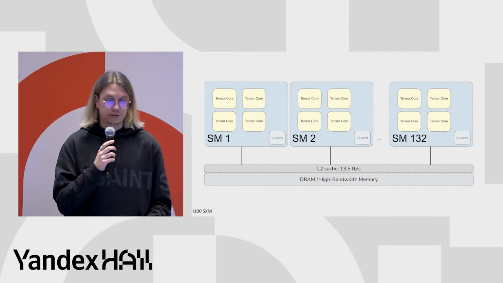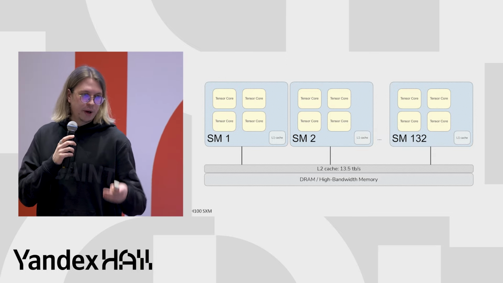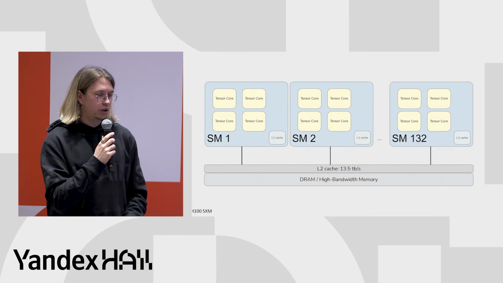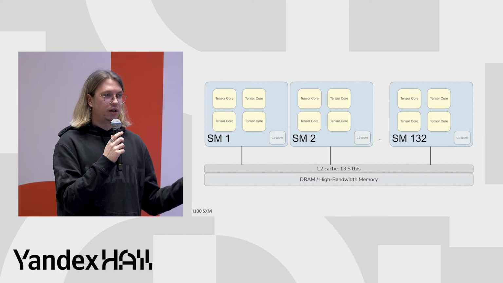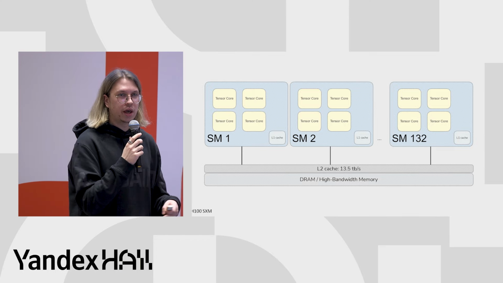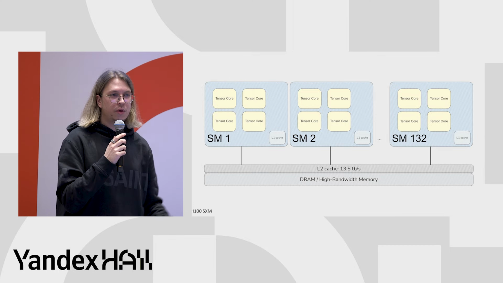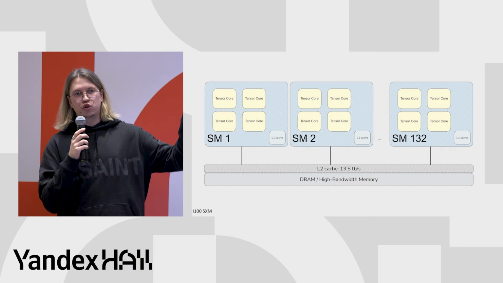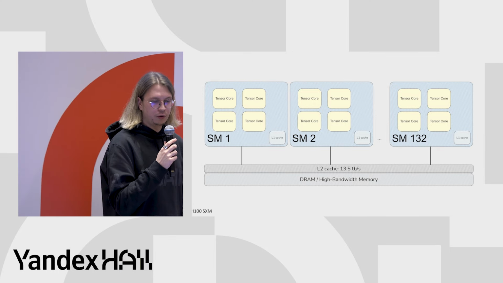Of course, in practice, it is a little bit more complicated. You also have a memory hierarchy here. So in addition to high bandwidth memory, you have L2 cache and L1 cache, which is also called shared memory and is located on a streaming multiprocessor. And new GPU architectures are extending this idea even further.